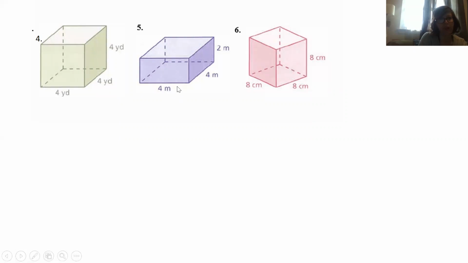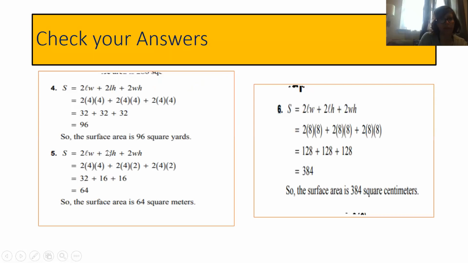So your length was 4, your width was also 4, and then your height was 2. If you plugged all your numbers in, 2 times 4 times 4 should give you 32. So 2 times 4 is 8, 8 times 4 is 32.